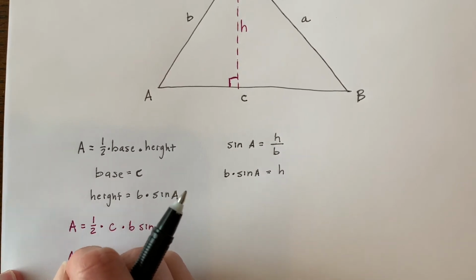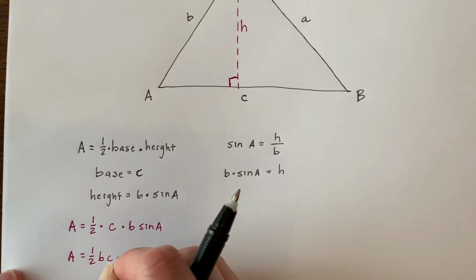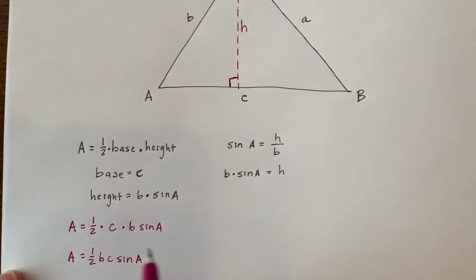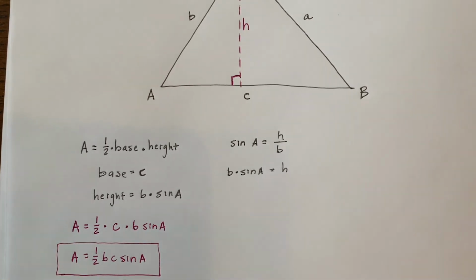So the area of this triangle is 1/2 b c sine of A. What we have done is we have just completed a proof for a formula for how to find the area of a non-right triangle when given two sides and an included angle, or side, angle, side.